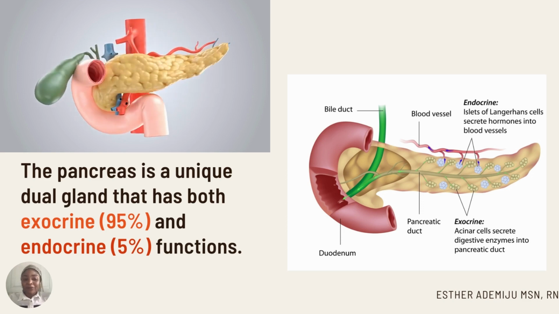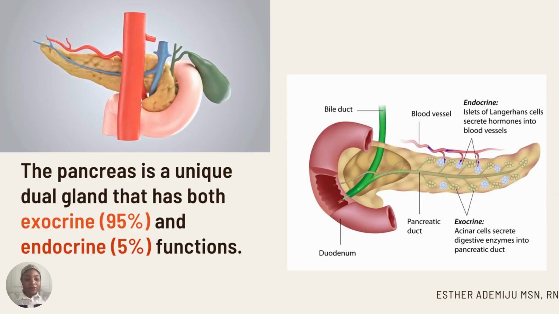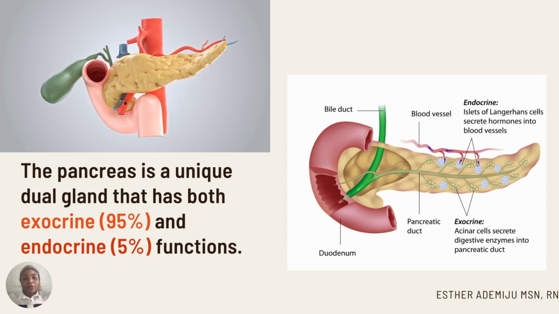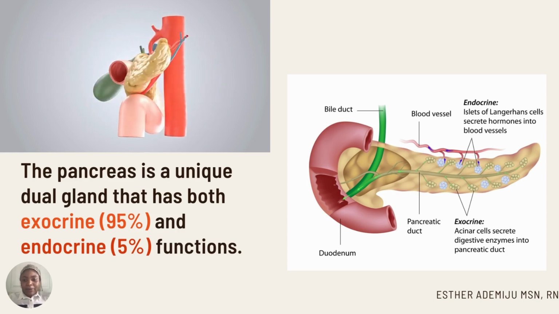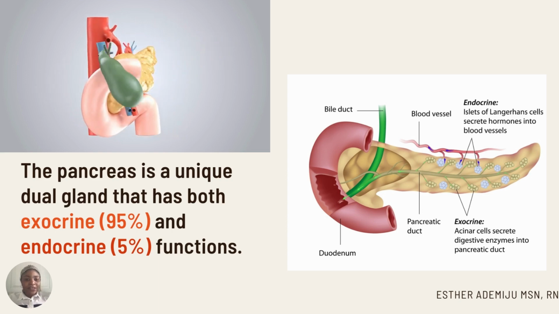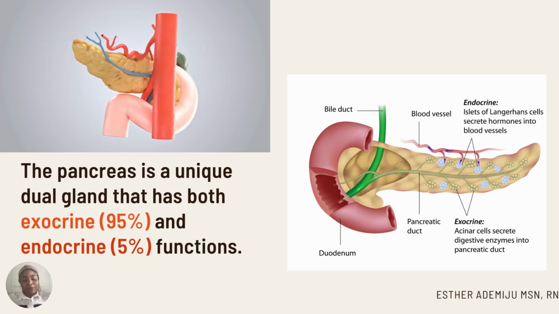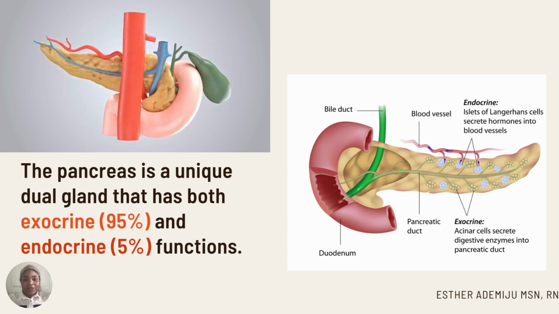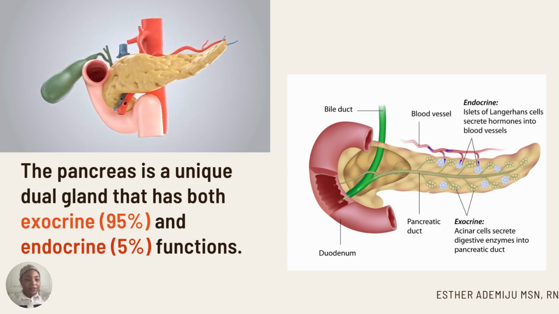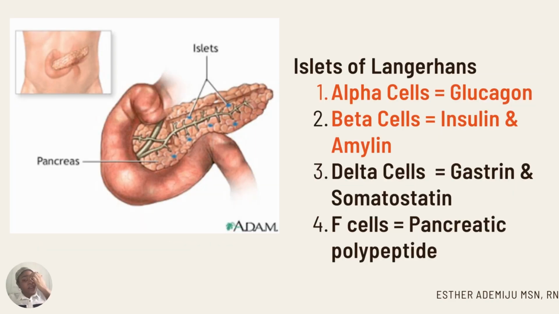But that's not what we're focusing on here. We're focusing on the endocrine function of it, which is what it does 5% of the time. And this happens mostly in the islet of Langerhans, which is the part of the pancreas that secretes those endocrine hormones that we're going to be looking at. So your islet of Langerhans secretes four hormones actually. It has alpha cells which secrete your glucagon.